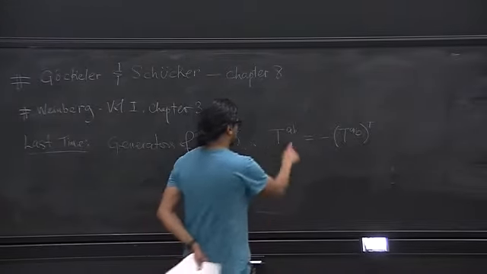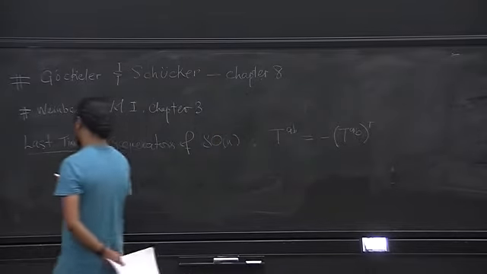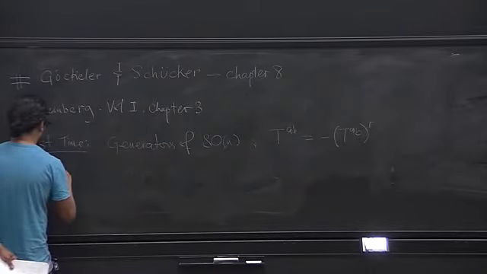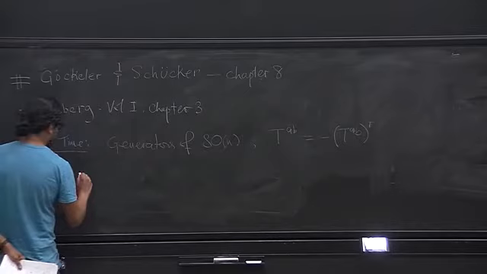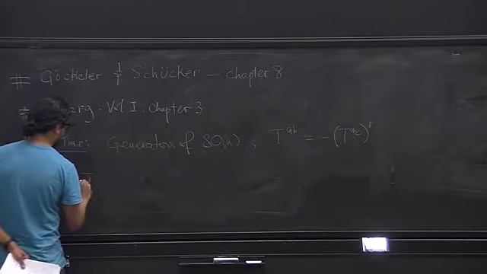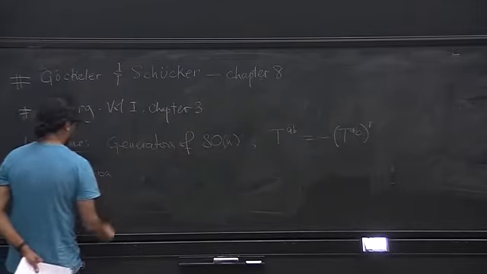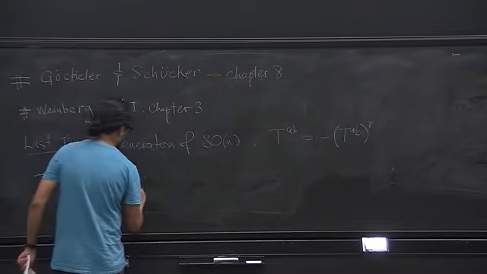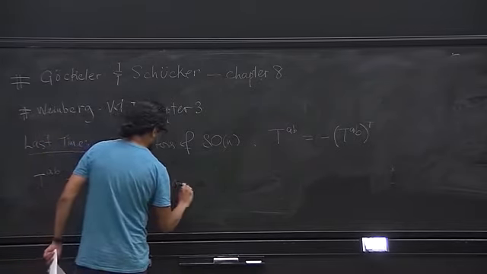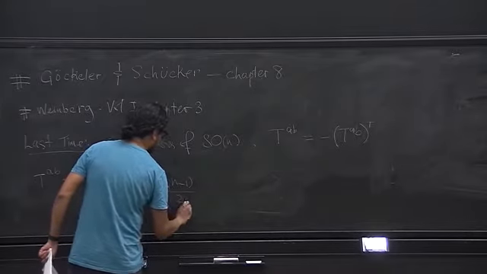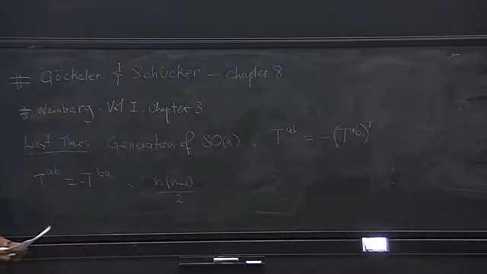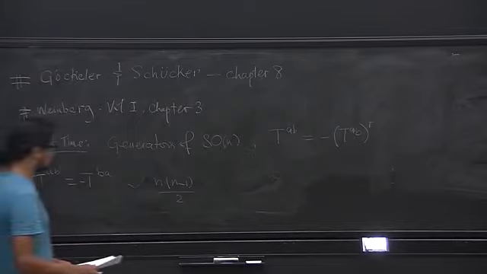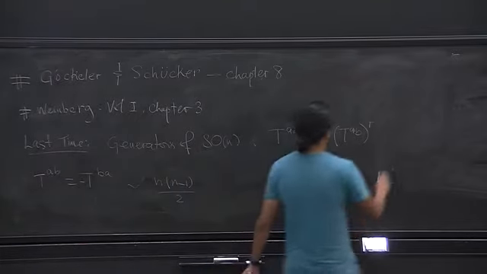And we label them with two labels in a clever way, where there were exactly n times n minus 1 by 2 linearly independent matrices.